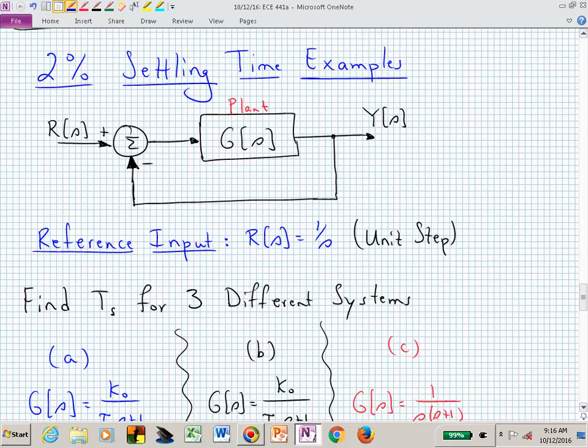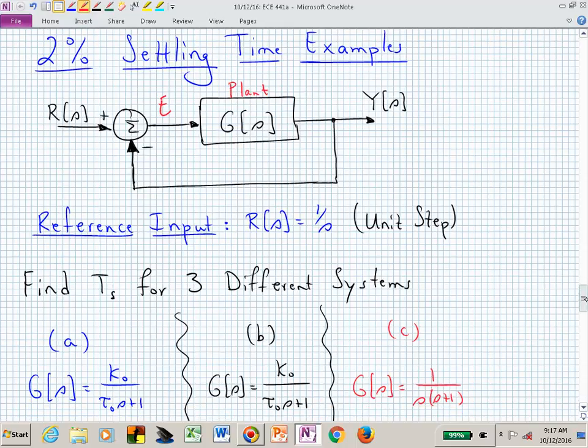And so the error, in this case, if it's R minus Y, the error, in fact, is right there. And you could now find the transfer function between R and E, if you wanted to, from the block diagram directly. Let's assume now that we have a reference input of a unit step.